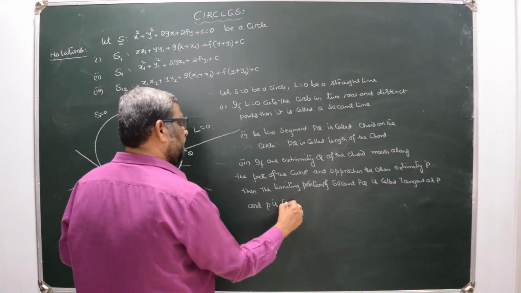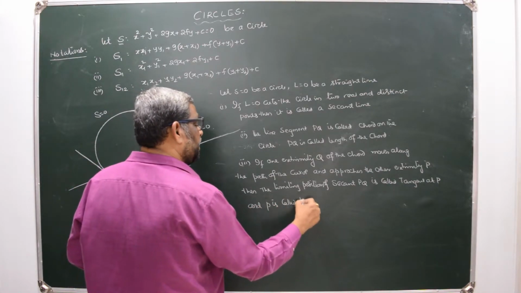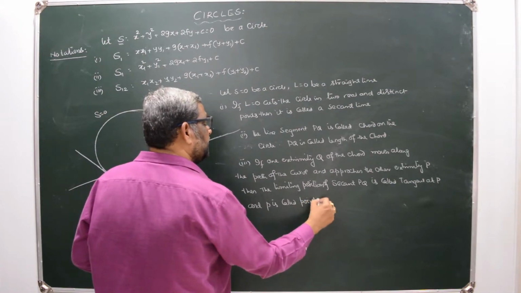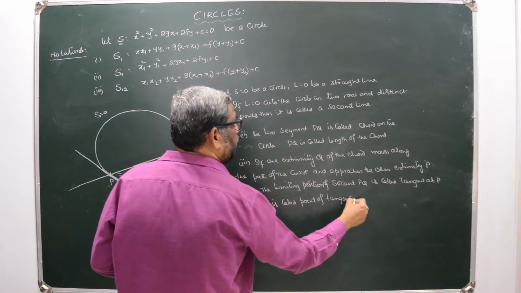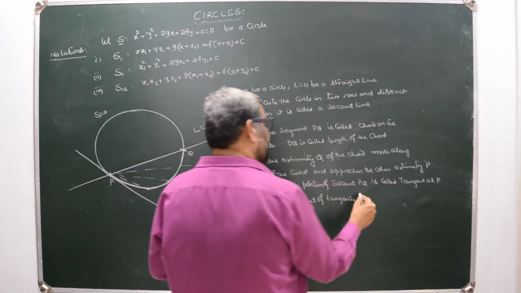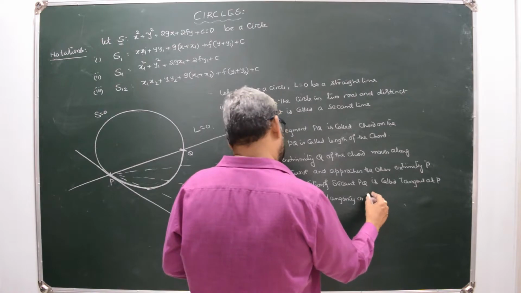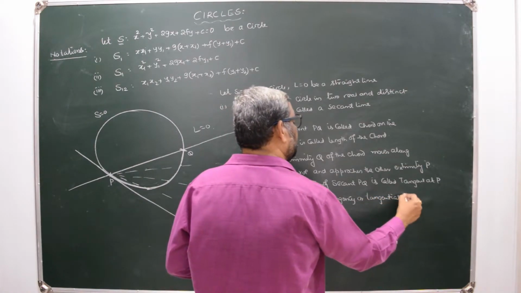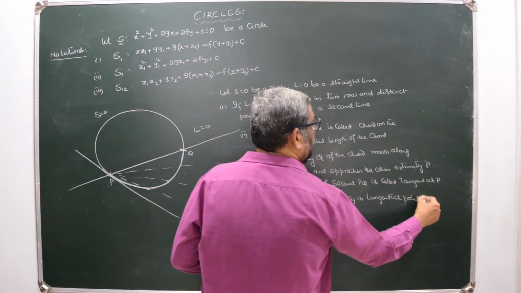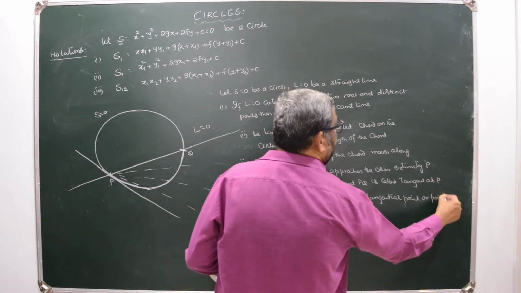And P is called point of tangency or tangential point or point of contact.